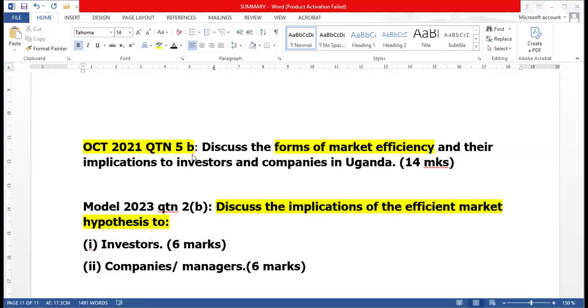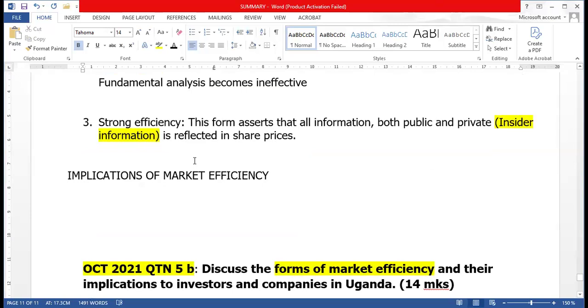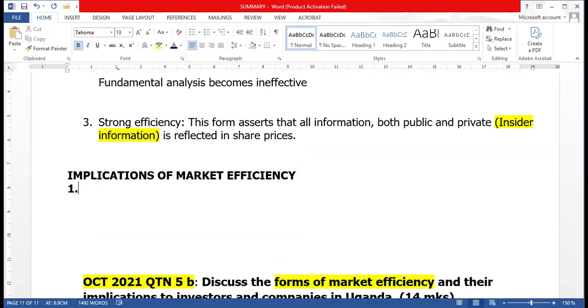All right, so let's see what could be the implications of market efficiency. Before I give my points, you can try to. Okay, let's start with the implication of market efficiency to a company. What could be the issue here?